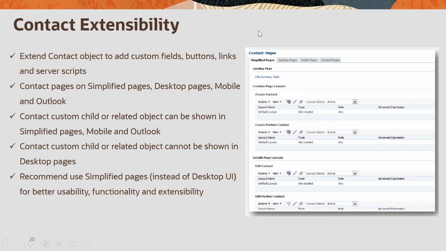Also, if we notice, we have different types of pages here. Simplified pages will be whatever we usually see, and desktop pages can be used in some places. Mobile pages: if we install the mobile application, some pages can be seen in mobile pages.